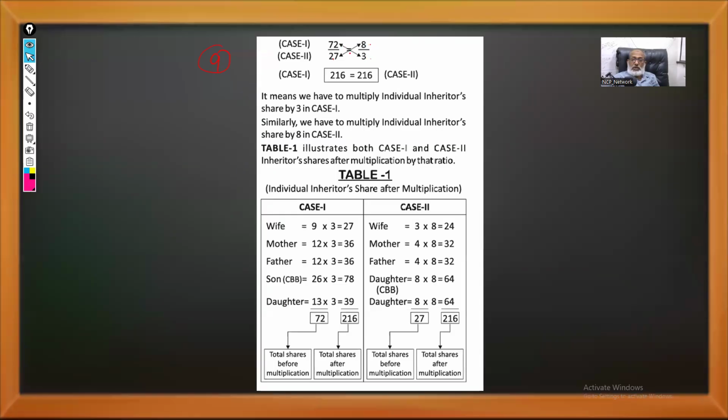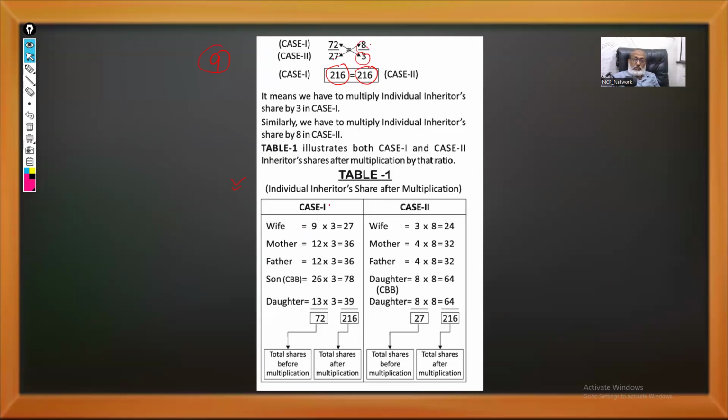We will cross multiply this to get the common denominator, or the common total number of shares. So we will multiply each share by 3 in one case, and by 8 in the other. That is illustrated in table number 1.